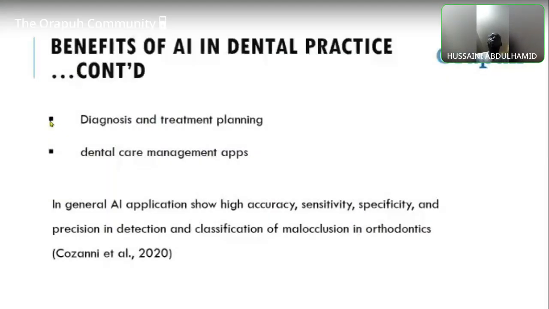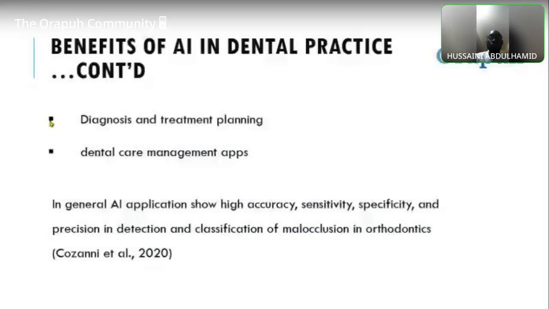So students can explore these opportunities to learn more efficiently without the risk of performing on live patients. So in general, artificial intelligence applications show high accuracy, sensitivity, specificity, and precision in detection and classification of malocclusion in orthodontics.